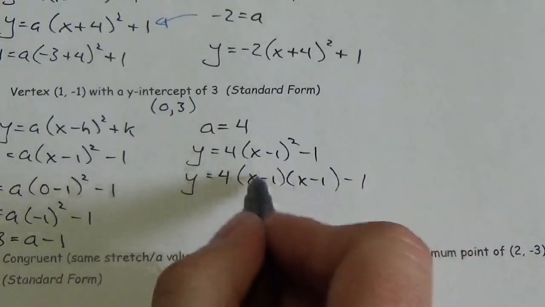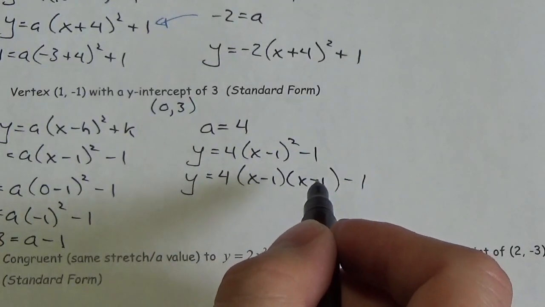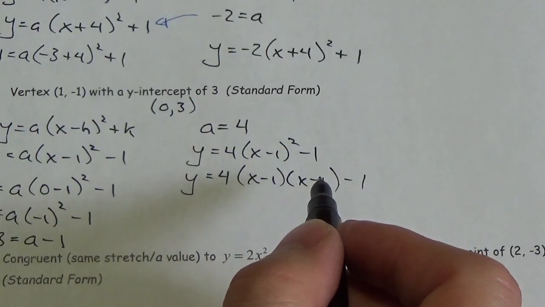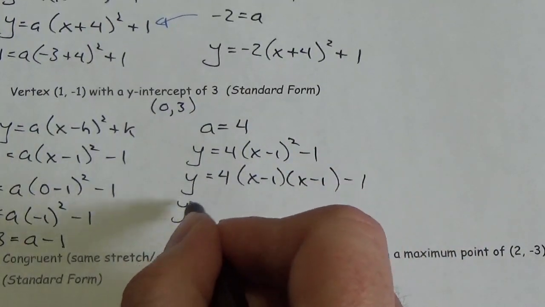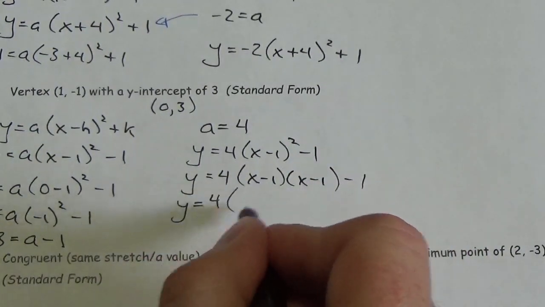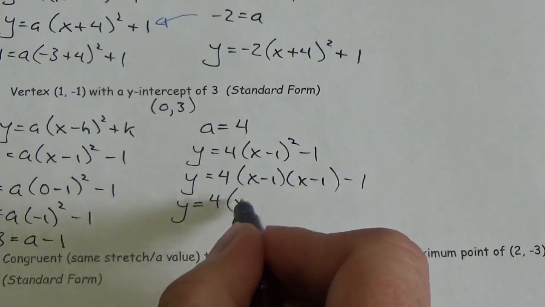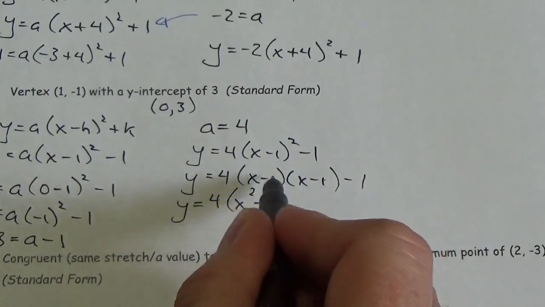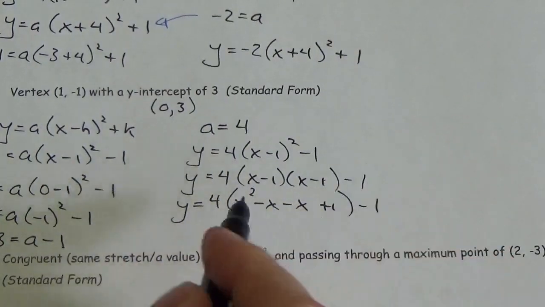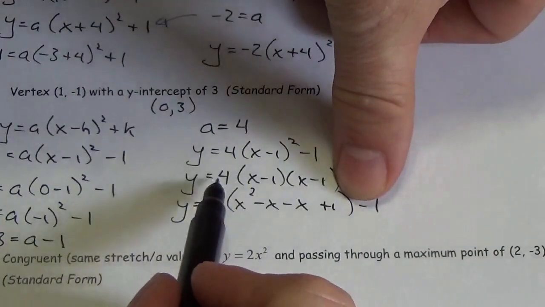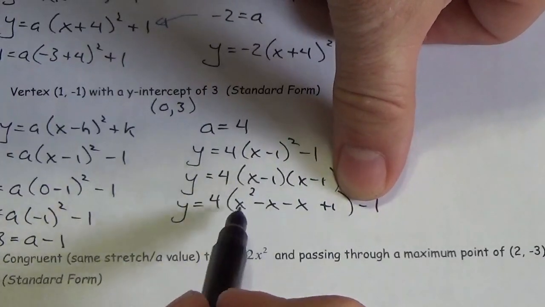If we're going to do this correctly, if we want to make sure that we don't make some pretty simple, pretty predictable mistakes here, we're going to write it out like this. And I'm going to multiply out the binomials here first. So it's going to be x squared minus x negative x plus 1. Now that is still being multiplied by the 4. So that's why I have the brackets here, the parentheses.